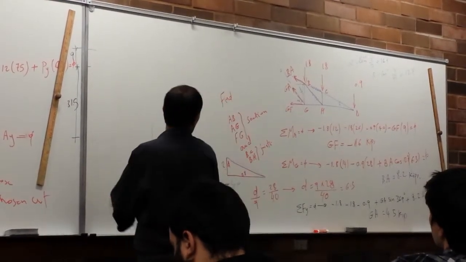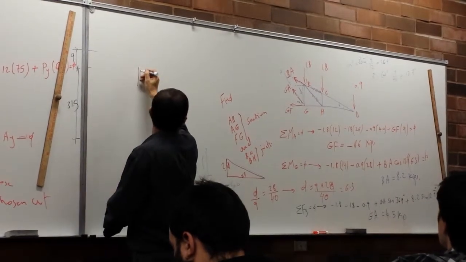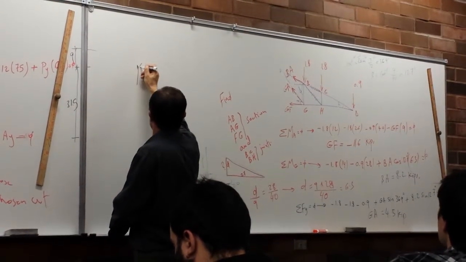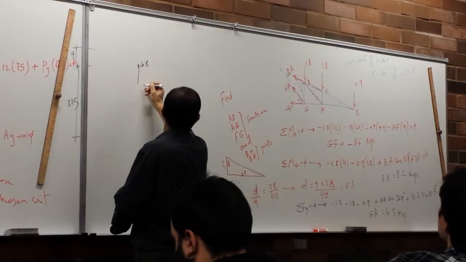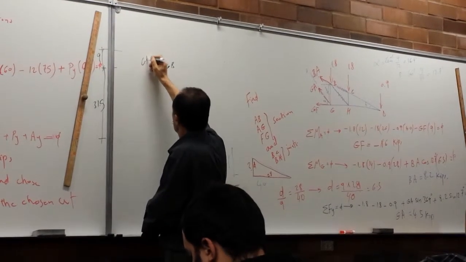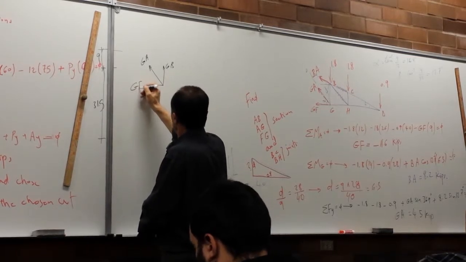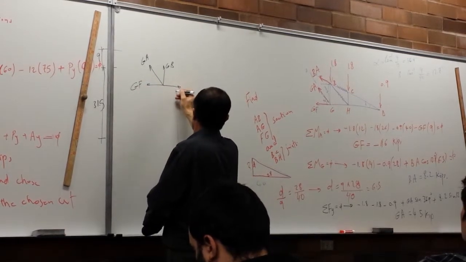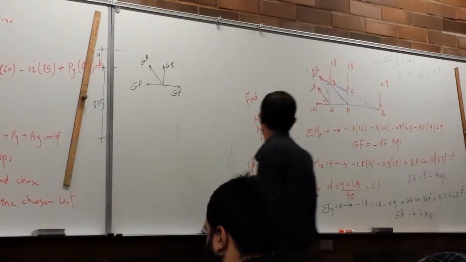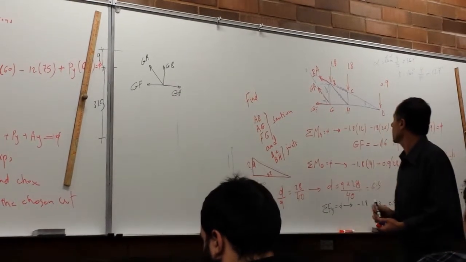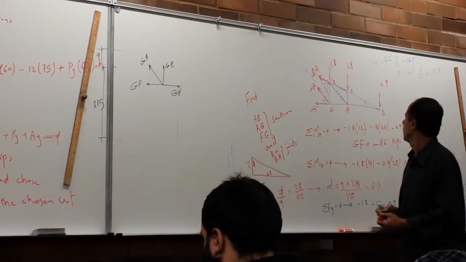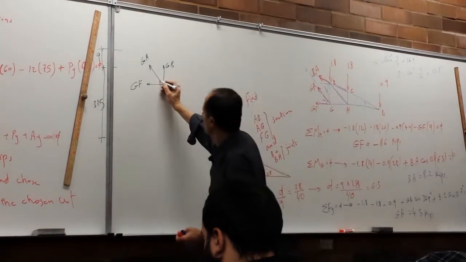Isolate G. If I isolate G, then I have GB, GA, GF, GH. Do we have anything else in here? We know this is alpha.